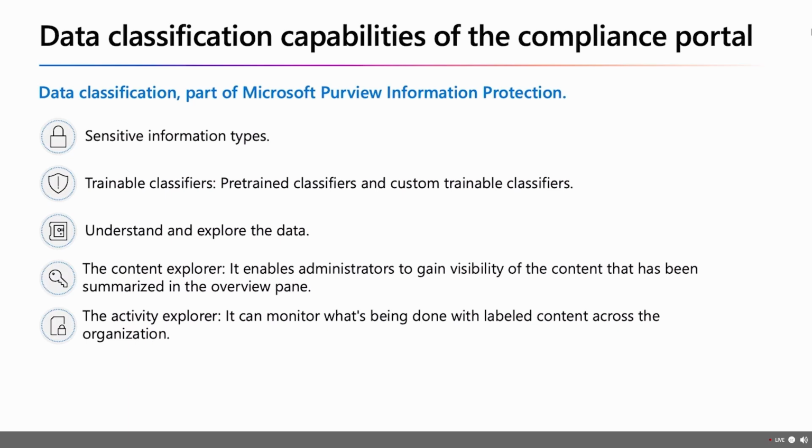In the Microsoft Purview Compliance Portal, you can train the system to classify this type of data and then prevent it from being shared outside the organization or prevent it from being shared with the wrong people.